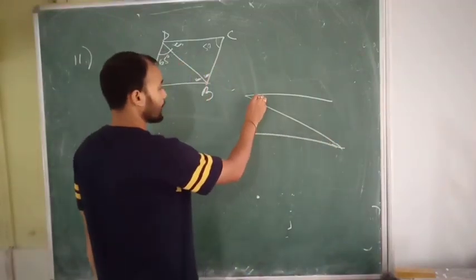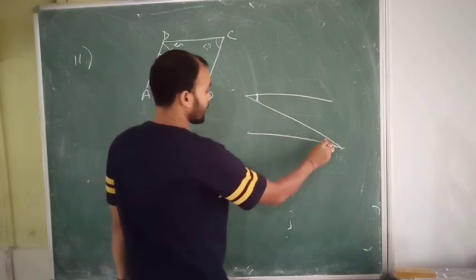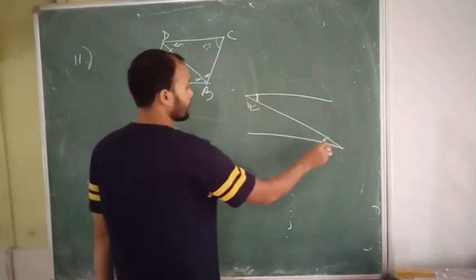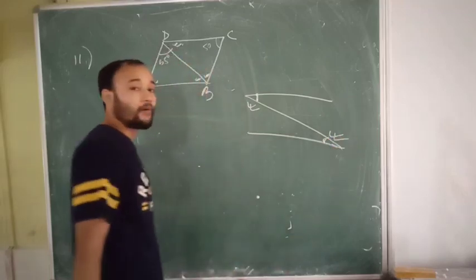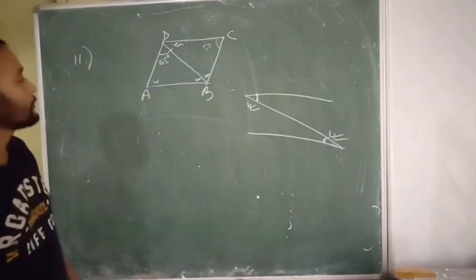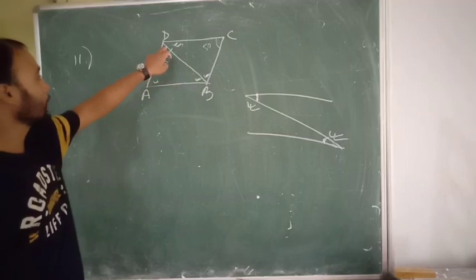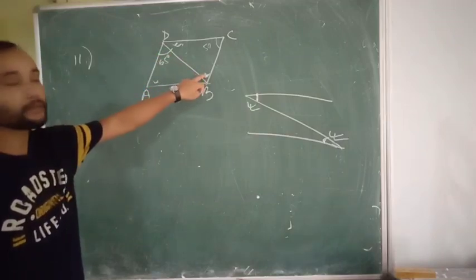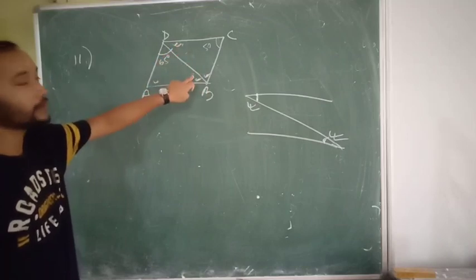Here this particular angle is equal to this particular angle because it is alternate angle, and this particular angle is equal to this particular angle because they are alternate angles.